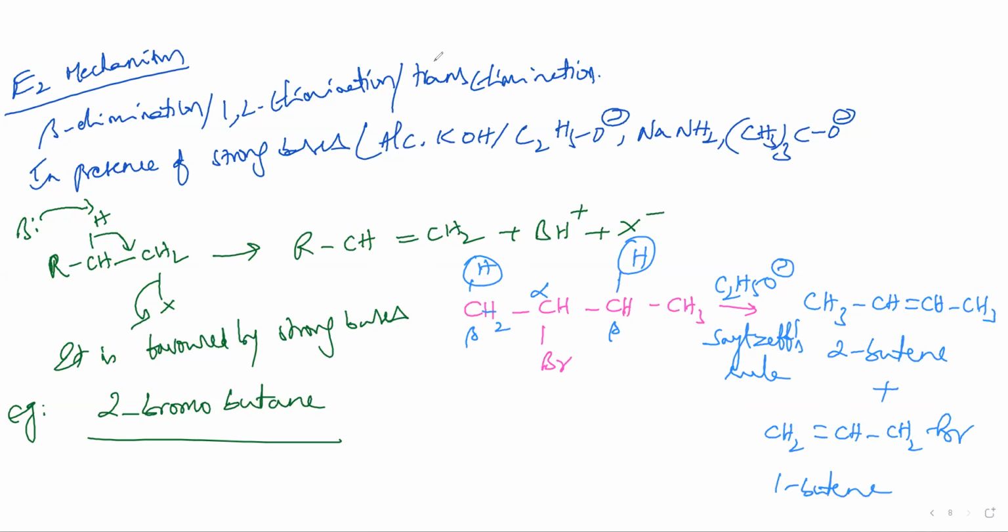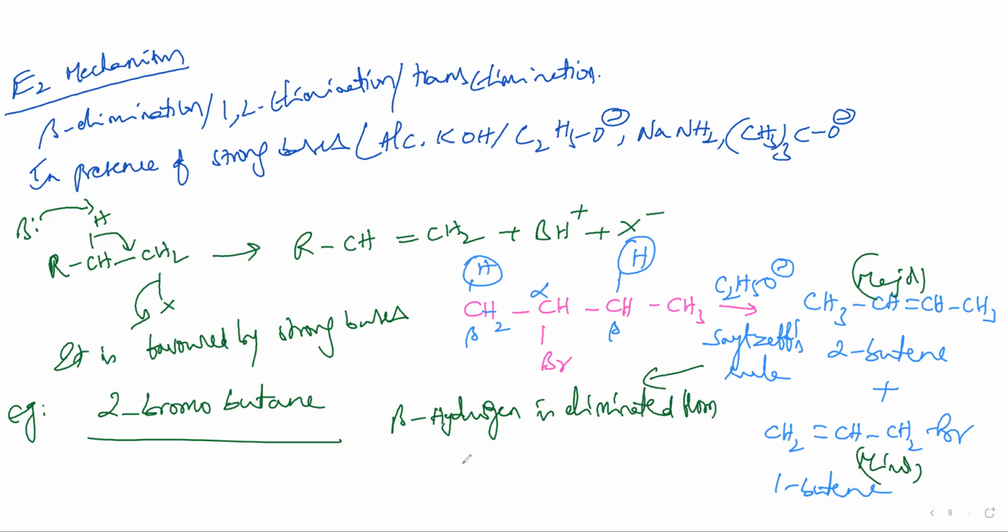But according to Saytzeff's rule, the first is the major product and this is the minor product. Because according to Saytzeff's rule, the beta hydrogen is eliminated from the carbon having fewer hydrogens.